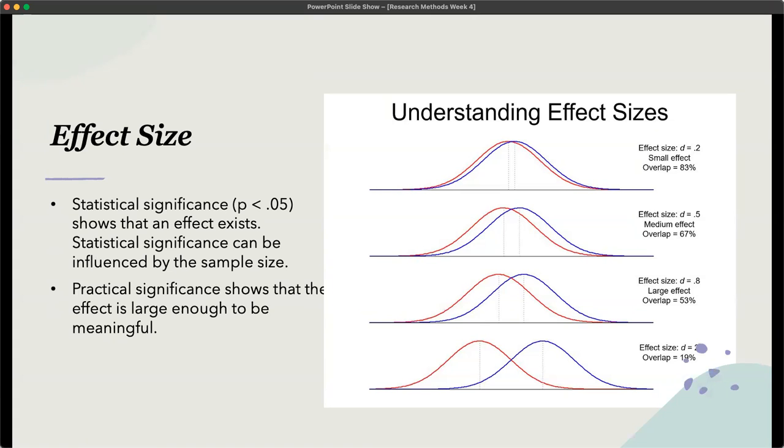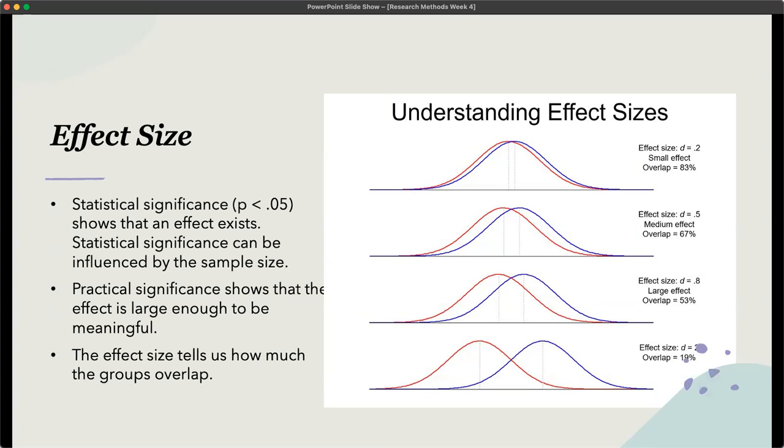So a practical significance shows that the effect is large enough to be meaningful. So when we calculate the effect size, let's say if we have 30 participants and we have a p-value of less than 0.001 with a large effect size, then we know that if we have 100 participants, the effect size is going to be the same.